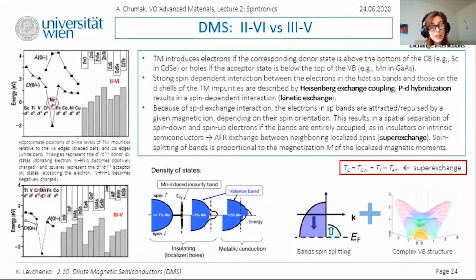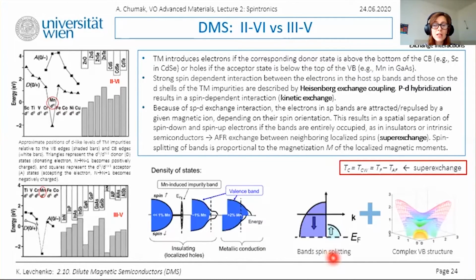Describing in more detail the exchange interactions that take place, we already mentioned the p-d hybridization that results in a spin-dependent interaction or kinetic exchange. Because of this s-p-d exchange interaction, the electrons in the sp bands are attracted or repulsed by the given magnetic ion depending on their spin orientation.